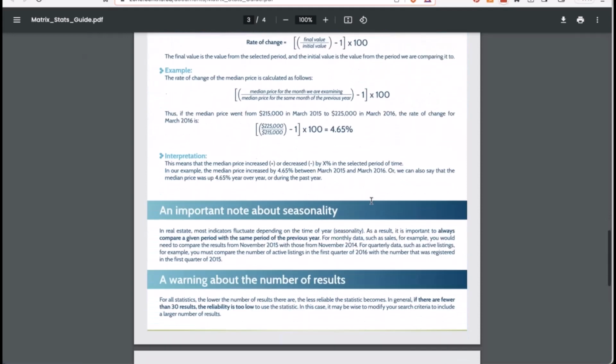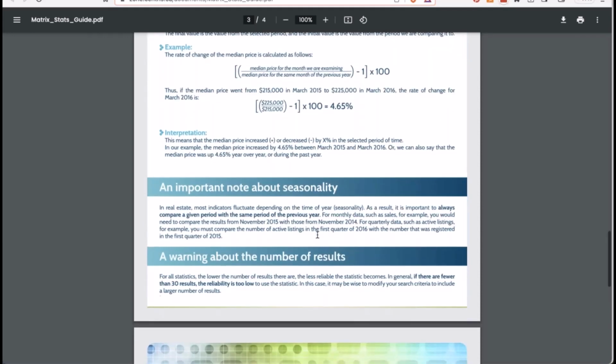There's an important note about seasonality. So be careful when you're comparing results to always compare a given period with the same period of the previous year. So we were looking, the first guide we illustrated, we had July 2023 to July 2022. So that would be the proper way to do it. If you're comparing the month of July to the month of March, there's a big seasonality factor to take into account.